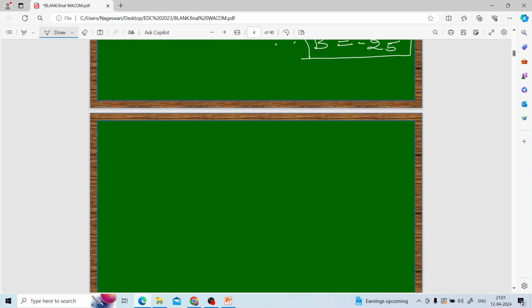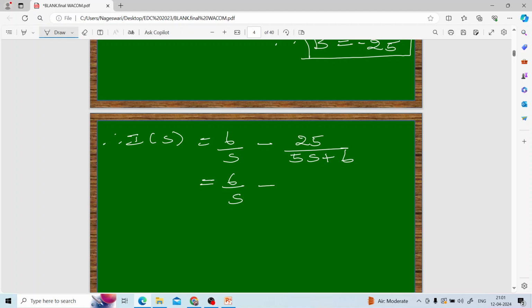Now substitute this A and B in this equation. Therefore I of S is equal to 6 divided by S minus 25 divided by (5S plus 6). Right, now we can simplify this further. We can take 5 common in the denominator, so 25 divided by 5 into (S plus 6 by 5).